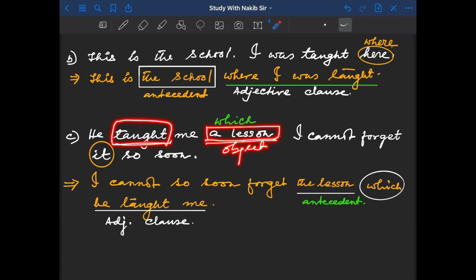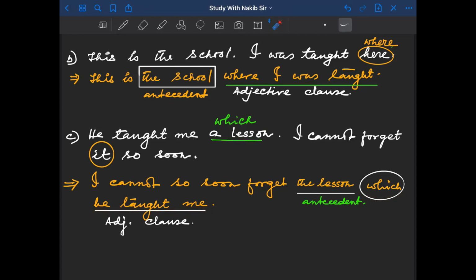So when a verb is questioned with what and whom, the answer we get is the object to the verb. So here a lesson is the answer. So a lesson is the object to the verb taught. So for this lesson, which is used, so which is the object. So which here is the object of this clause, which he taught me.